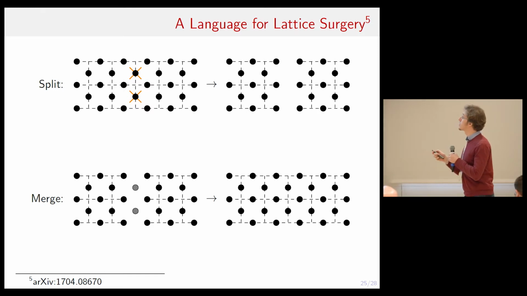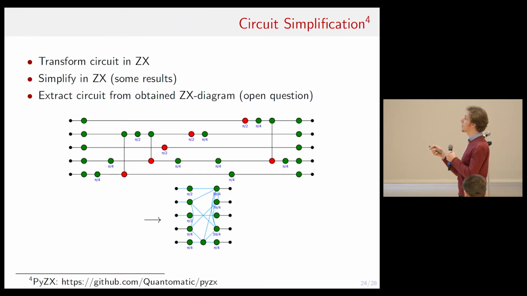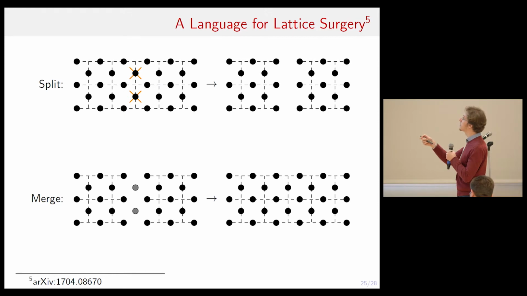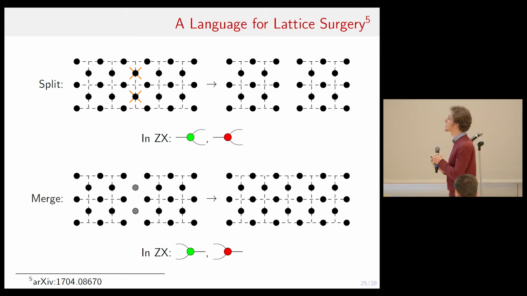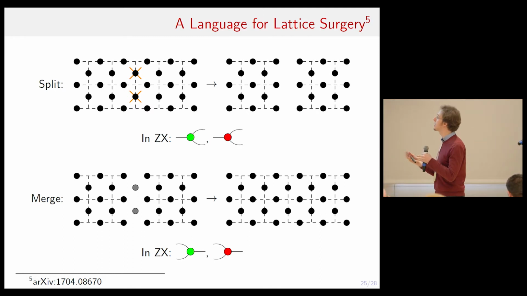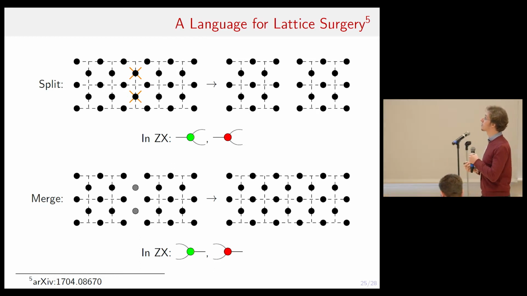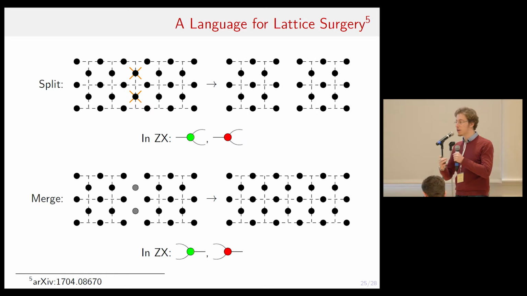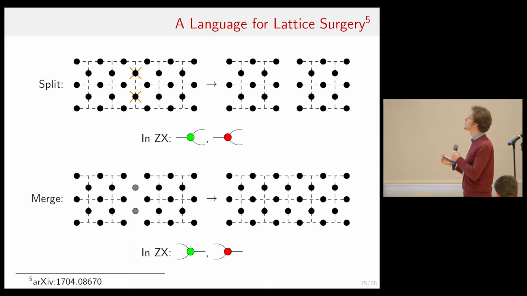And then the operations that are allowed in this surface code are either the split or the merge. But again, there are two kinds of split and two kinds of merge, rough and smooth, respectively. And it so happens that in ZX, it can be really simply represented. And so in this case, the ZX calculus can be used as a graphical language that captures the operations allowed in lattice surgery.